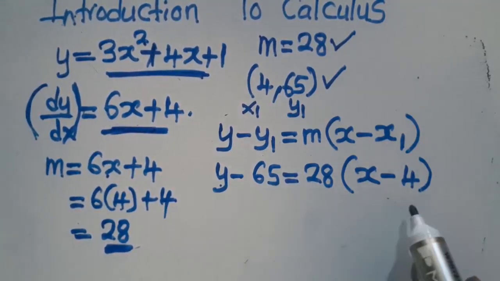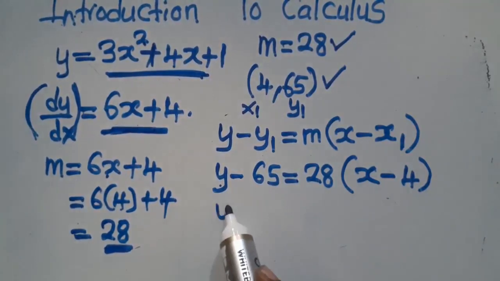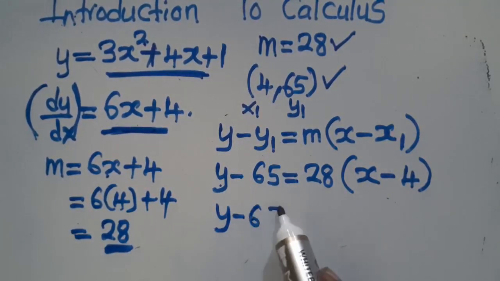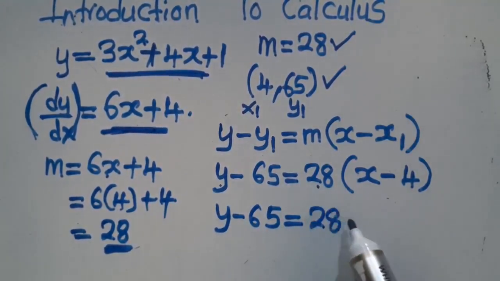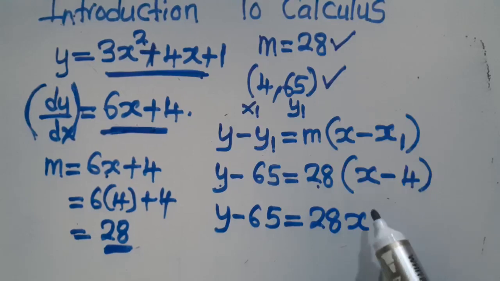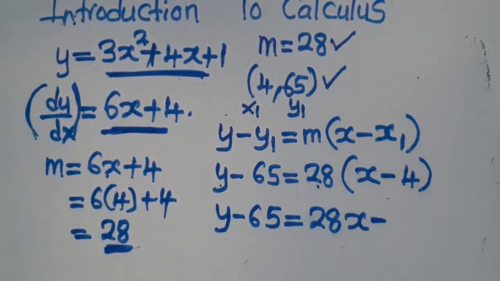So after doing this, y minus 65 is equal to what? What is 28 times x? 28x. What is minus 28 times 4? You are getting 112.